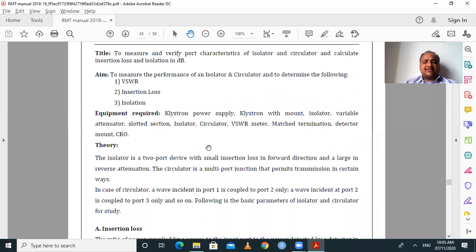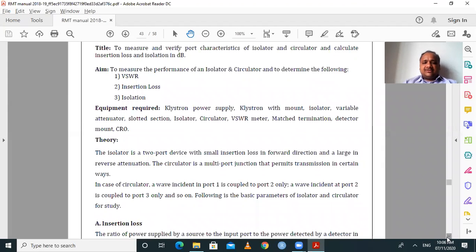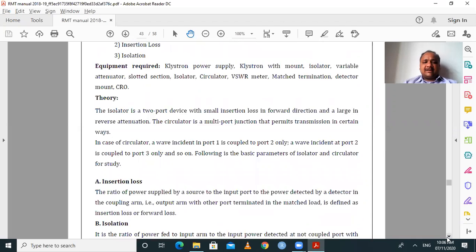For performing this experiment you require a microwave test bench, which contains equipment like a klystron mount with a klystron tube, and for energizing that klystron tube, a klystron power supply, isolator, variable attenuator, slotted section, then circulator, and either a VSWR meter or a CRO for observation of waveforms.